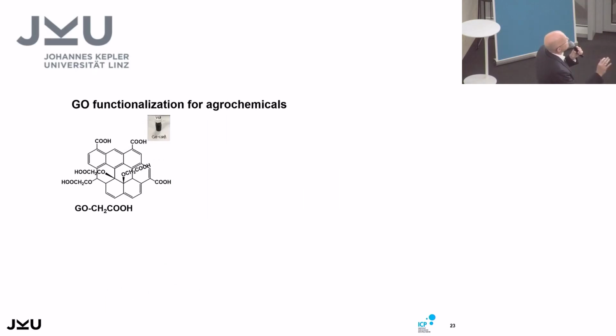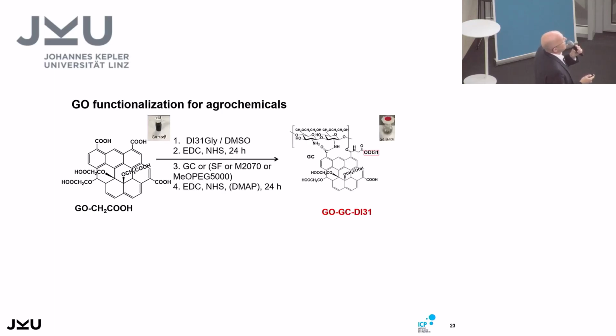And now, just briefly on the second application, the agrochemicals. We are using, in this case, the same platform, GO with a lot of carboxy functionalities after opening epoxies and so on. Adding then another polymer, here as an example again, chitosan, which is of course a biopolymer stemming from chitin. You probably heard about that, which is a very important part of crustaceans' skin, so to speak, or a constituent of that.